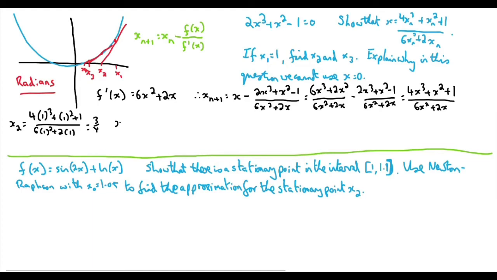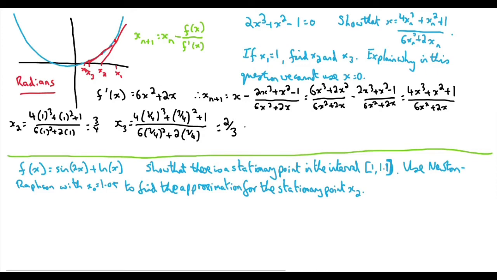If you then put that in for this x value here to get x3, you would end up with 4 lots of 3/4 cubed plus 3/4 squared plus 1 all over 6 lots of 3/4 squared plus 2 lots of the 3/4. This would get you a value of 2/3.